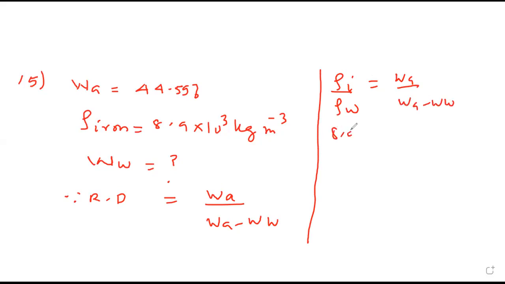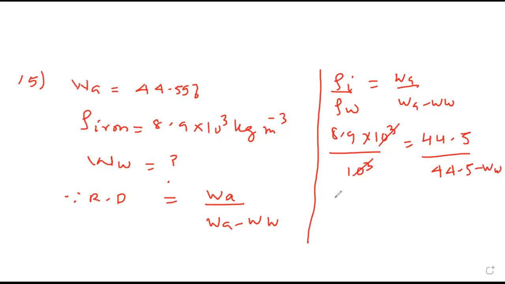So this is 8.9 into 10 raised to 3 upon 10 raised to 3, equals 44.5 upon 44.5 minus weight in water. Can you cancel by anything? Both sides, can we cancel by anything?